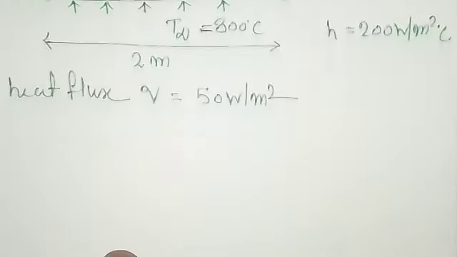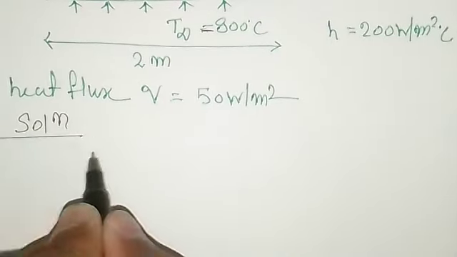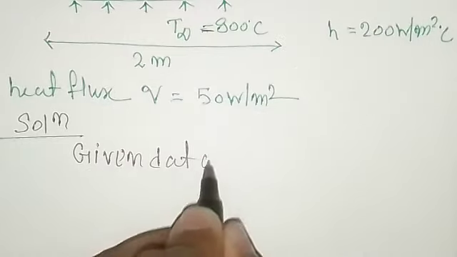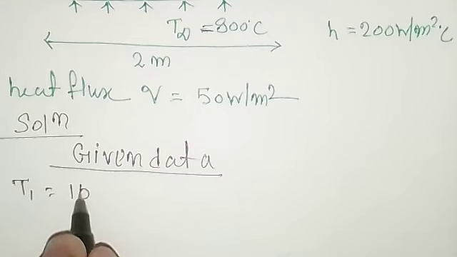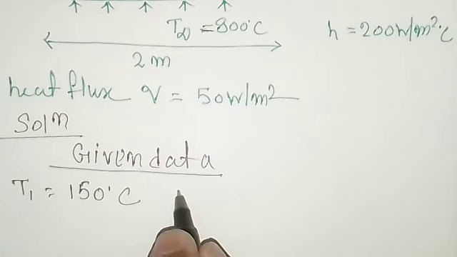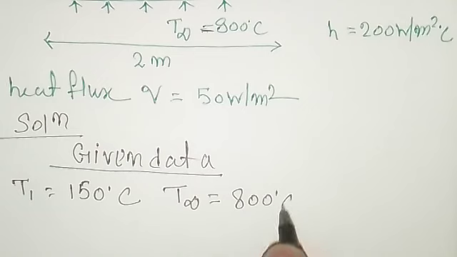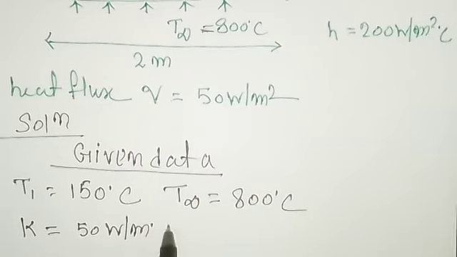So here we go, this is our solution, and here we have the given data, right? So given data means what? T1 is given, which is 150 degree centigrade. Surrounding temperature or air temperature, T infinity, is given as 800 degree centigrade. Thermal conductivity of the material is given, 50 watt per meter degree centigrade.